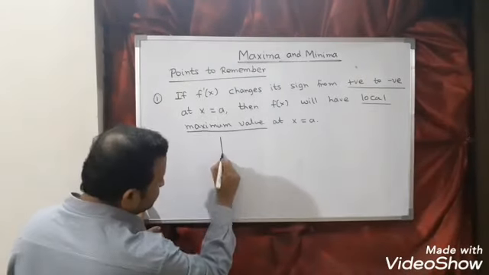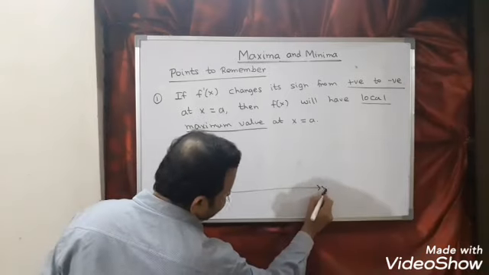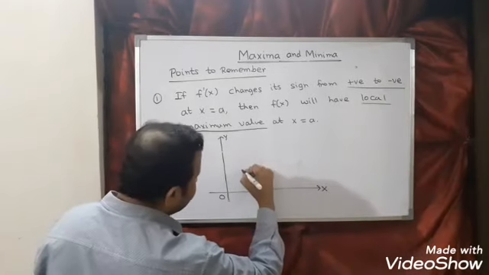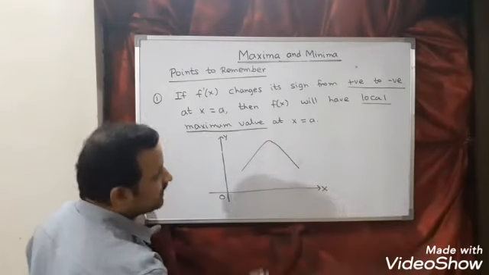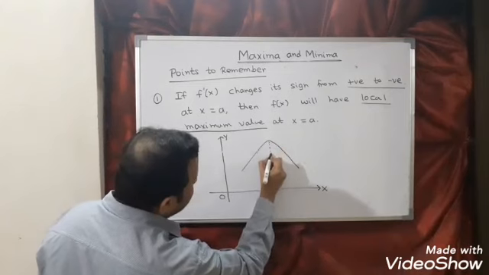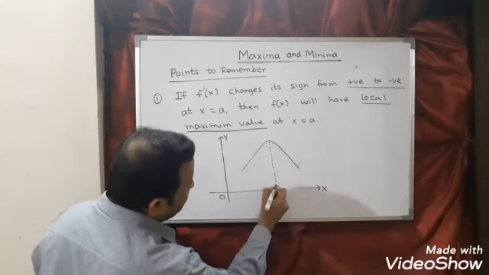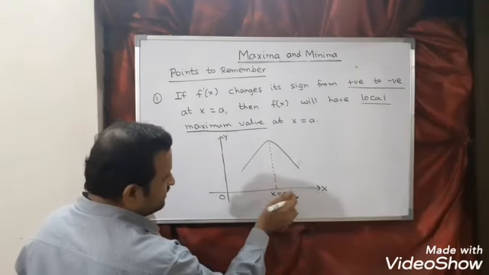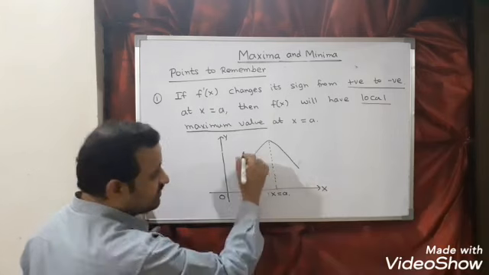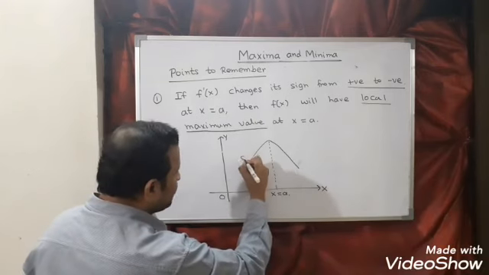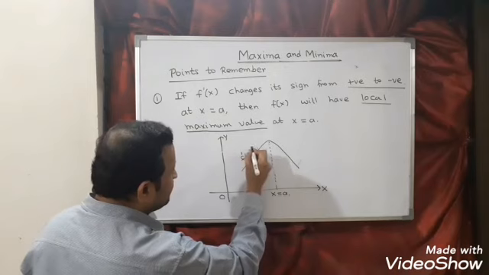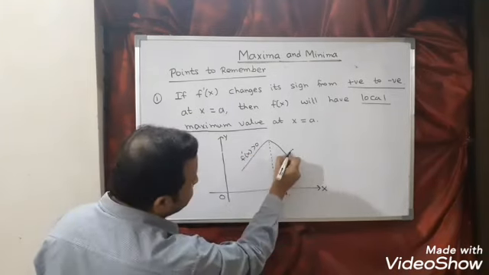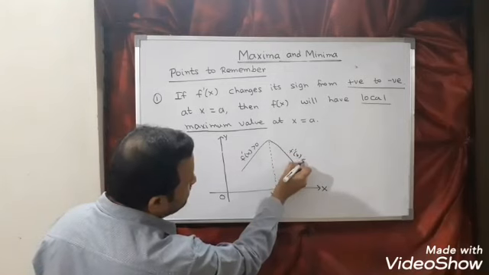What is the meaning of this? See the figure here. This is the x-axis, this is the y-axis. Suppose the figure is like this. Let us take this point as a. So this is x is equal to a. Now see here, this is a. So here I can say increasing. The condition for increasing is f dash x greater than 0. And the condition for decreasing is f dash x less than 0.